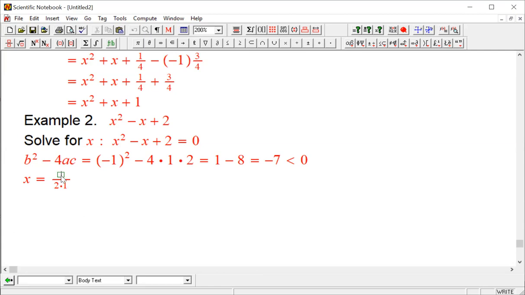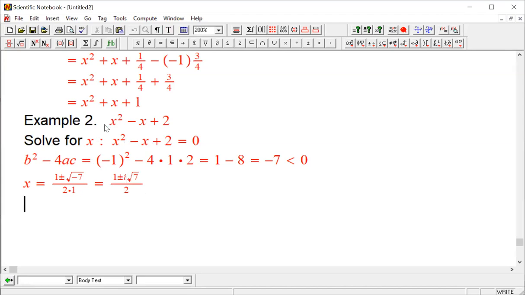So this time you have 1 plus or minus, right? Negative 7 in the square root. So you will get 1 plus or minus i times square root of 7, all over 2. So we have a complex number situation.